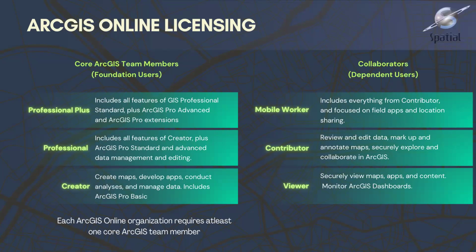And lastly, you have your viewer, the most basic user type, and it provides read-only access to your GIS content. It allows users to view and interact with maps, dashboards, and reports, but they can't edit them. It's best for your executives, your decision makers, and your non-GIS staff who just need to review the spatial information, but are not required to do any form of editing.